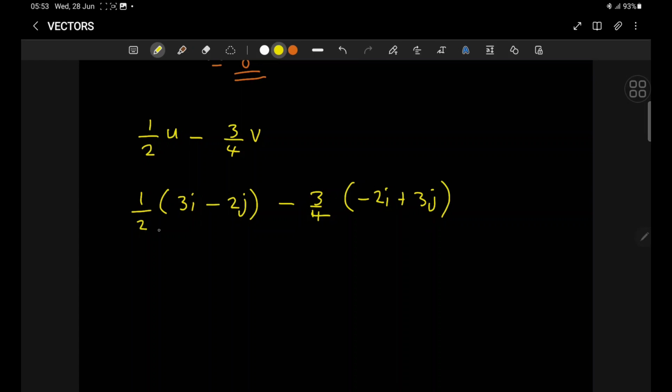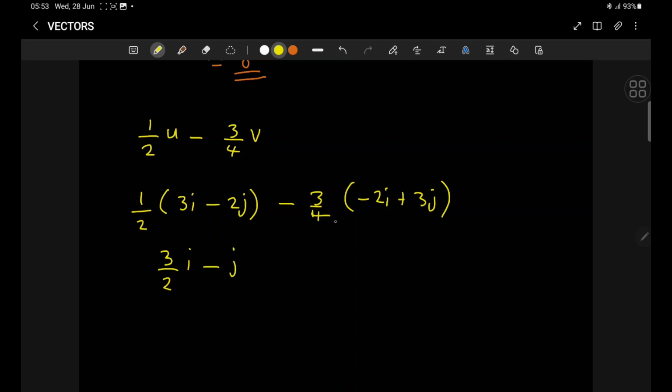So multiplying the k, the value of half, throughout the expression, we'll have 3 over 2 i, minus half by 2 will just be 1, so we'll just have j here.